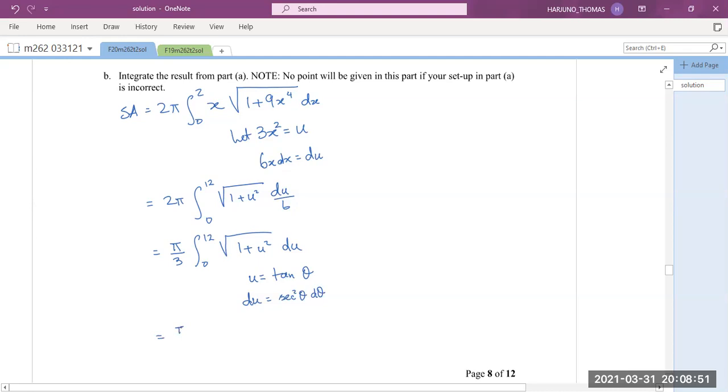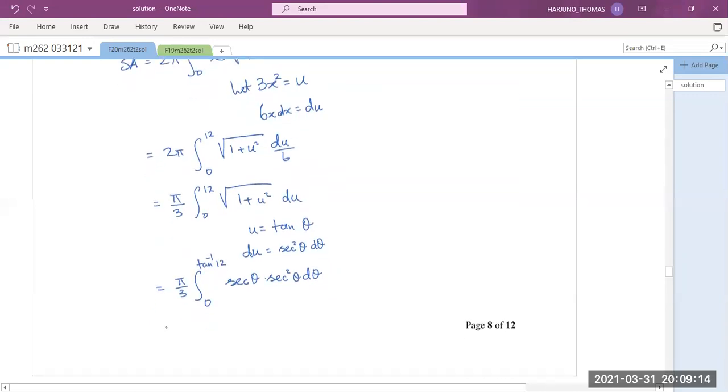So now this is pi over 3 integral. When u is 0, theta is 0. When u is 12, this is tangent inverse 12. Square root of 1 plus tangent squared, so this becomes secant theta times secant squared theta d theta. So this is pi over 3 integral from 0 to tangent inverse 12 of secant cubed theta d theta.